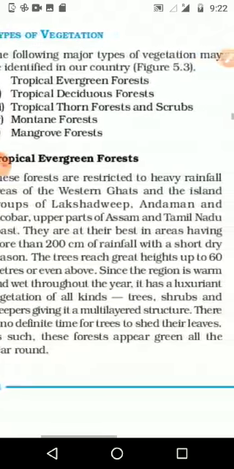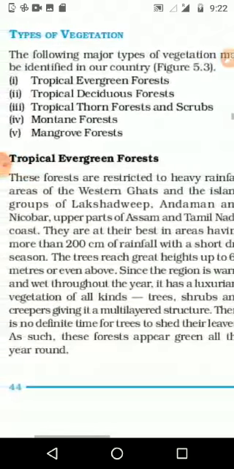Please underline: Western Ghats, island groups like Lakshadweep and Andaman Nicobar, then upper parts of Assam, then the Tamil Nadu coast. So we can see it in 5 areas. A question may come like that, where we can see the tropical evergreen forest.